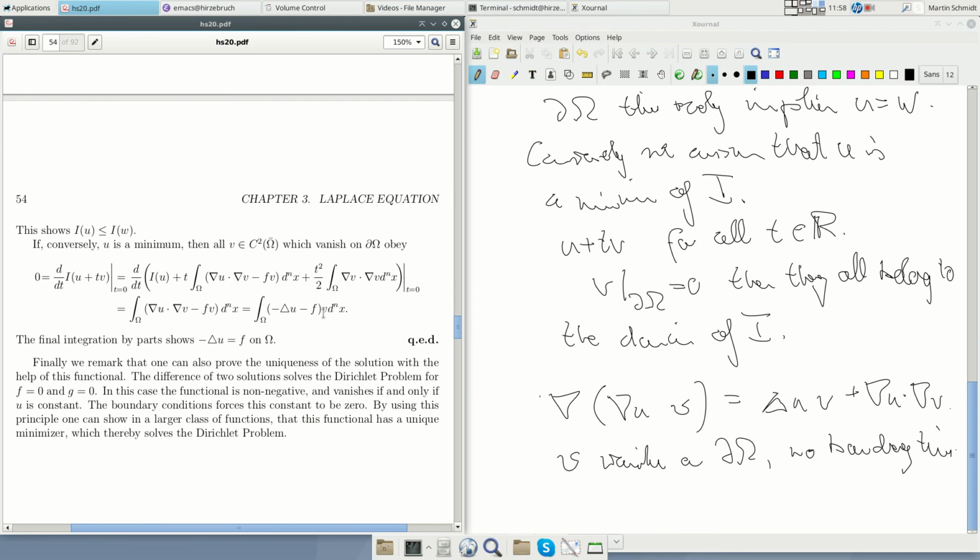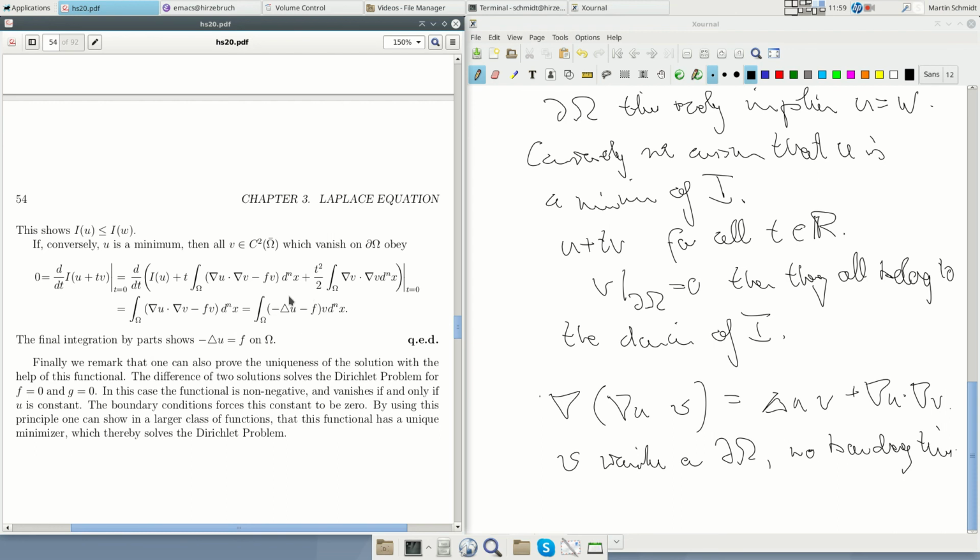Since this expression is continuous, if it is at any point non-zero inside of omega, then we can find a function v which is positive on an arbitrarily small ball around this point and has support in that ball.